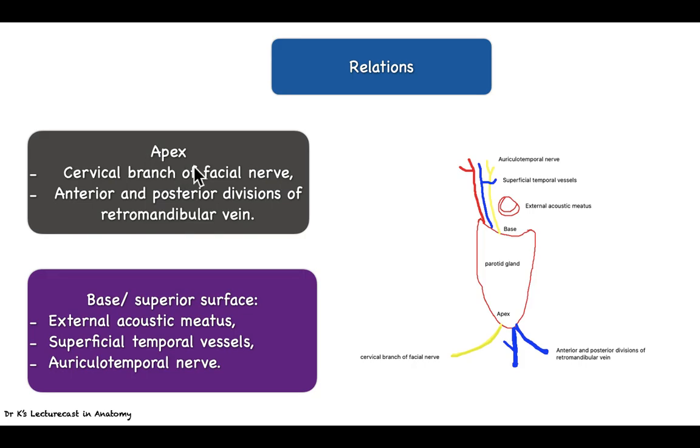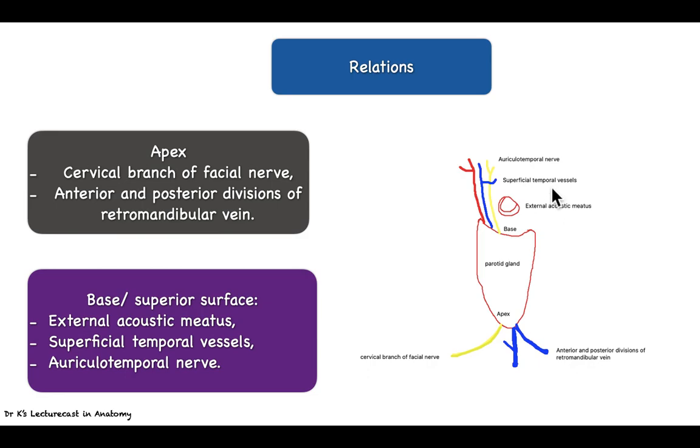Now, what are the relations of these presenting parts? Let's discuss the apex and base. Remember, the apex of the parotid gland is always facing downwards and the base is facing upwards. Base is otherwise called the superior surface. Base is related to the external acoustic meatus, auriculotemporal nerve and the superficial temporal vessels.